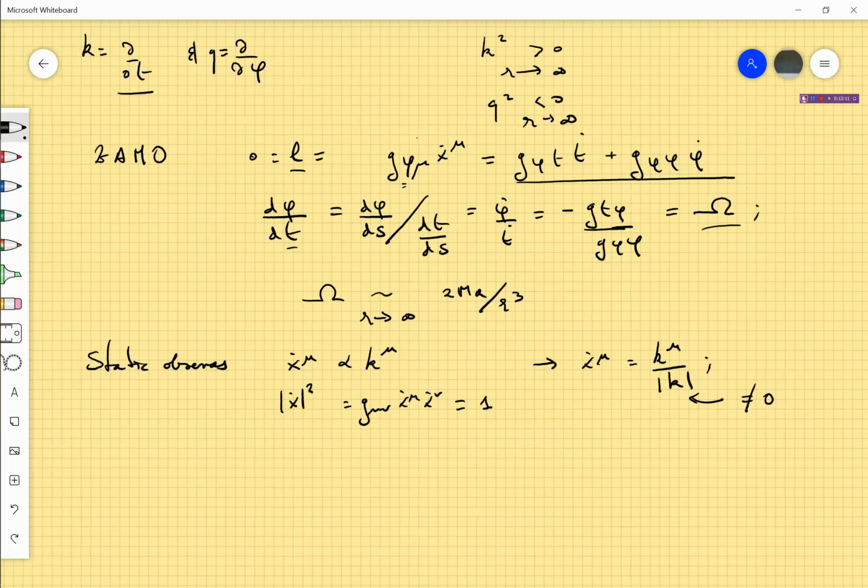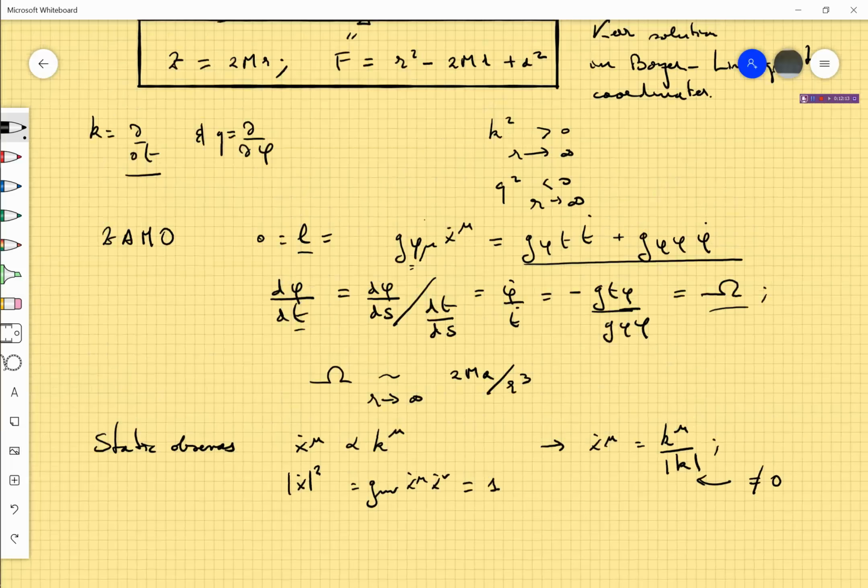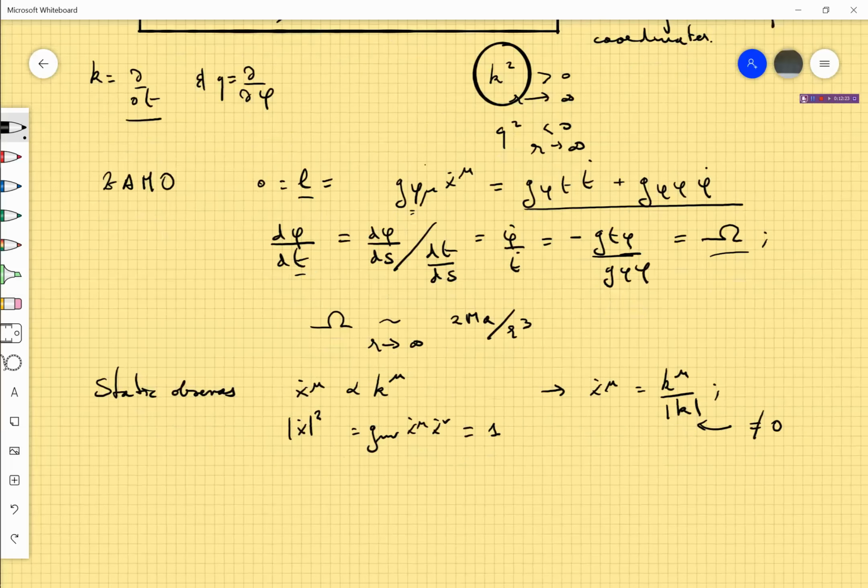We just saw that the time-like Killing vector k squared is time-like at infinity, so it has some positive value. But it may happen that just as in the Schwarzschild metric, when you move to smaller values of r, this k vanishes and maybe even changes sign.